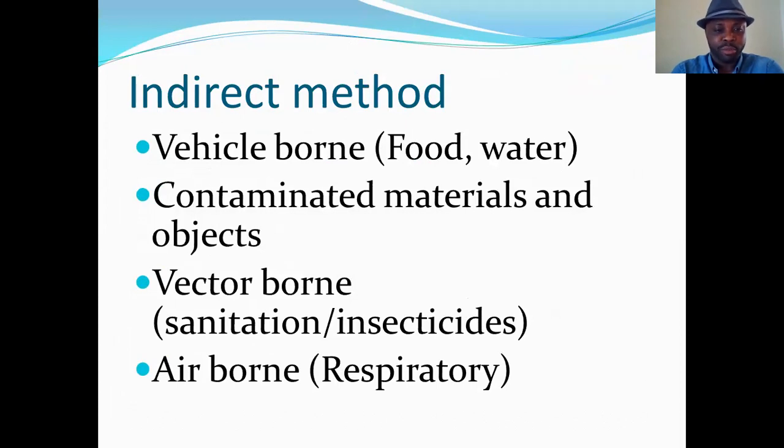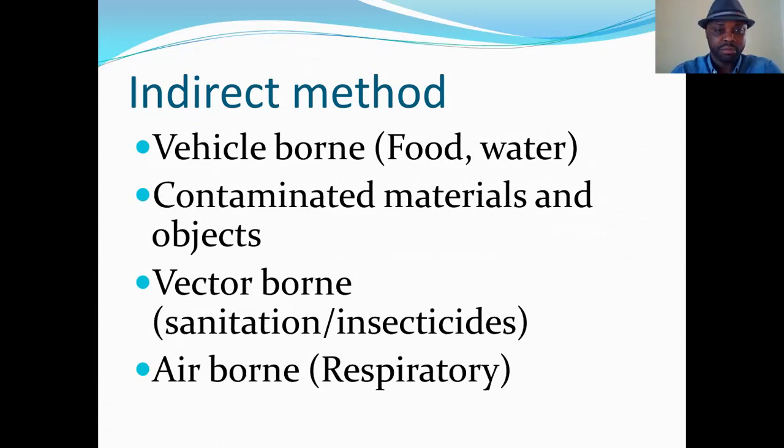Then you have vector-borne infections, like malaria. The parasite is usually transmitted by the bite of a mosquito. So mosquito is a vector in malaria parasite infection. So how do you take care of that?